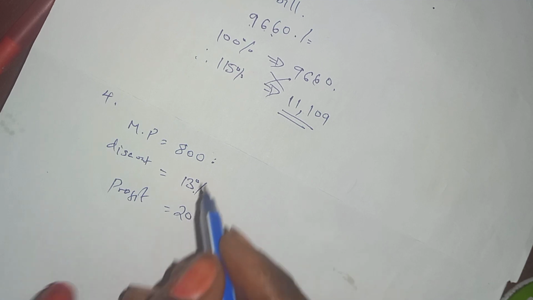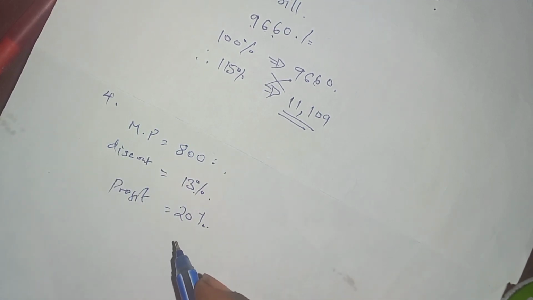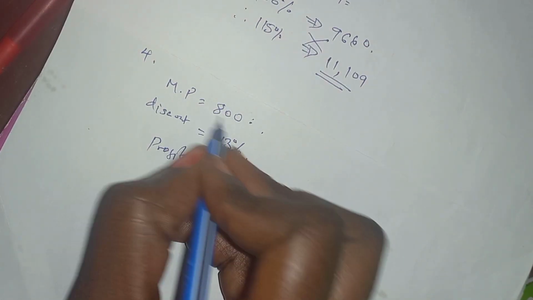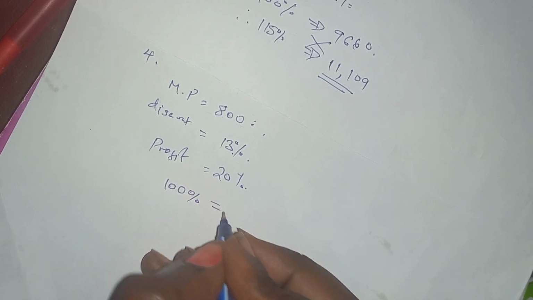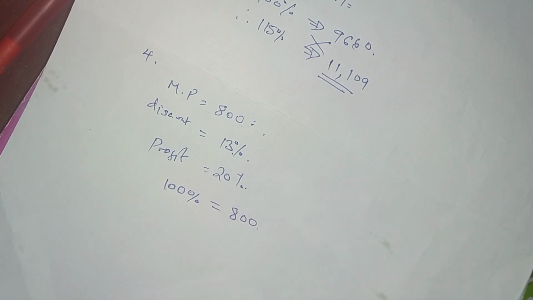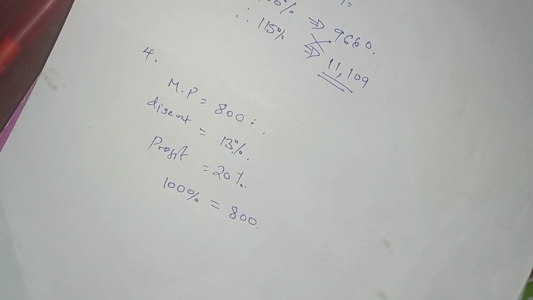So if this is the marked price and this is the discount, what will be the selling price? In order to get the selling price, the marked price is always at 100%. This 100% represents 800. If a discount is allowed, the percentage discount will be subtracted from 100%, because the percentage will be less the discount.